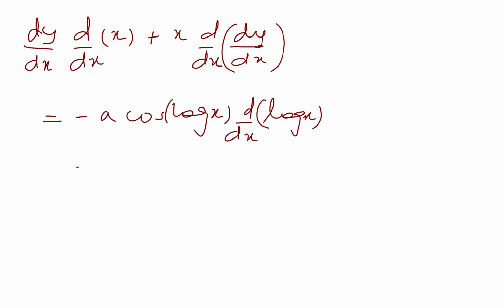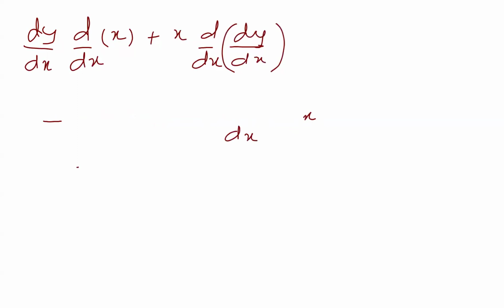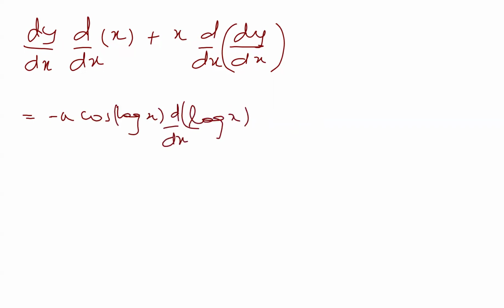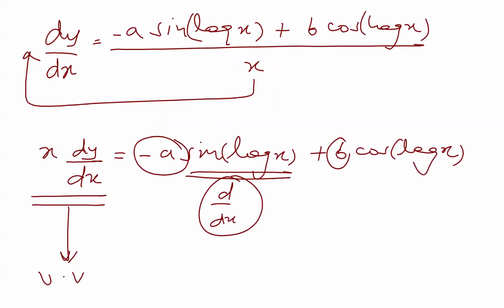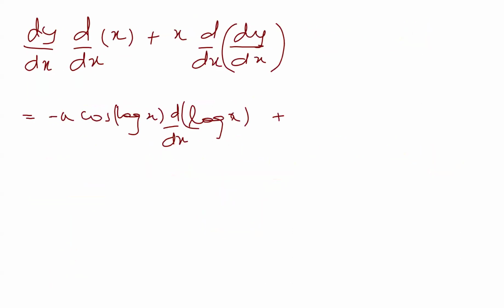Plus b is a constant, cos log x derivative is minus sin log x, so plus b into minus sin log x d by dx of log x.